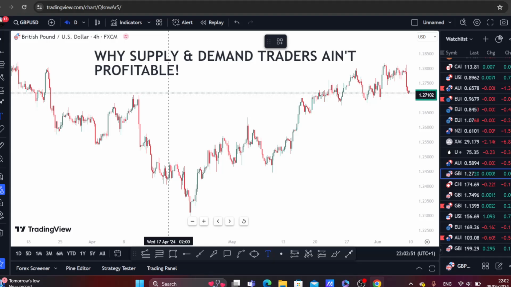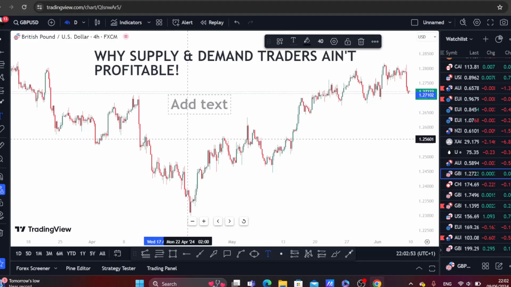So the first type, the supply zones. There are two types of supply zones.